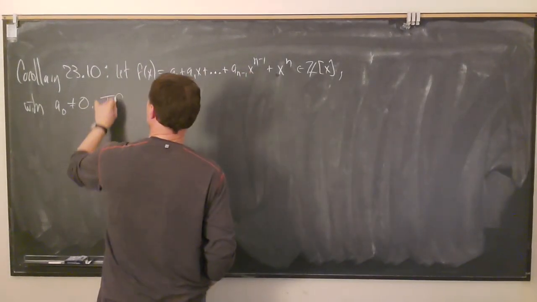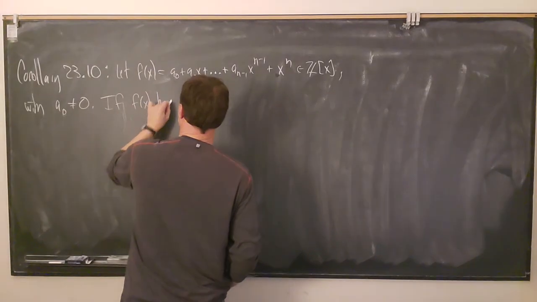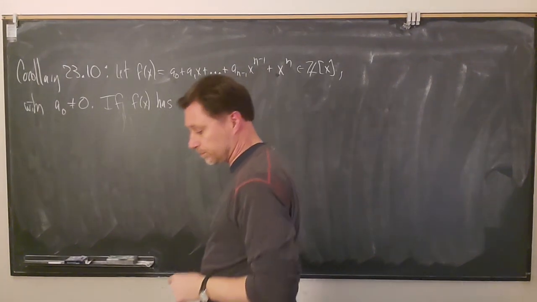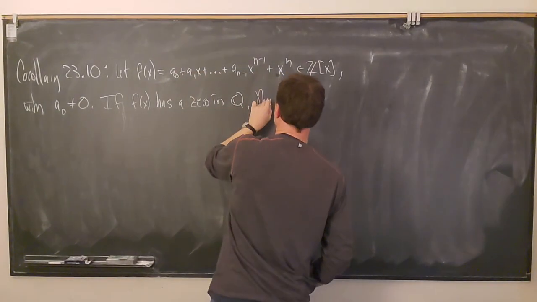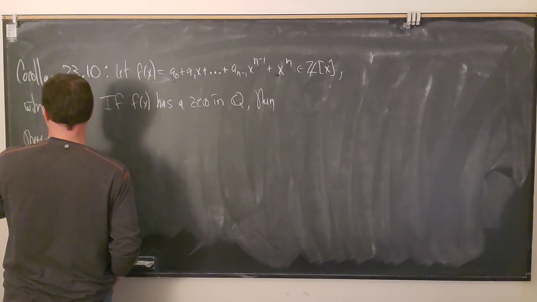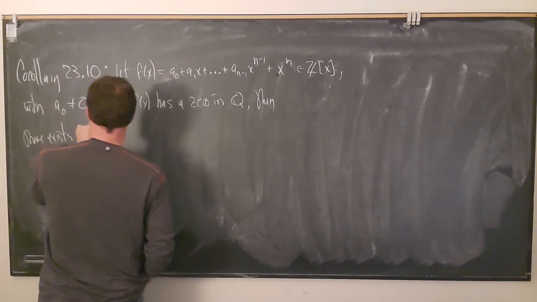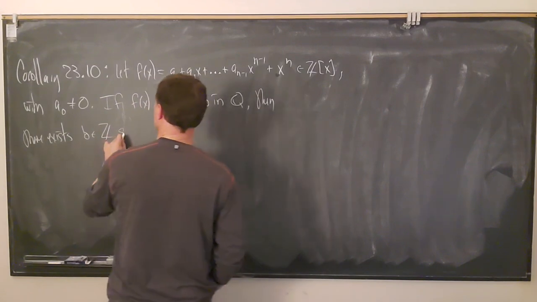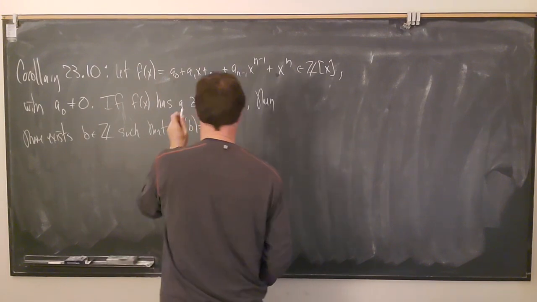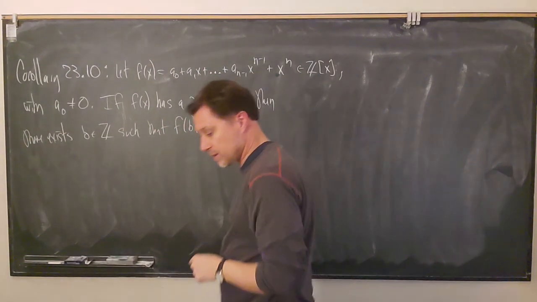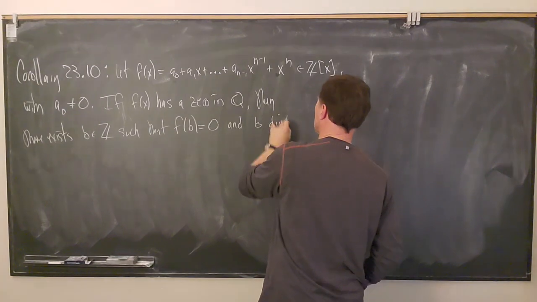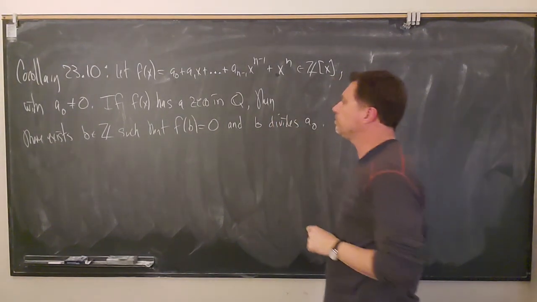Now, if f of x has a zero in Q, then there exists an integer, say little b, such that f of b equals 0 and a0 is divisible by b. So b divides a0.